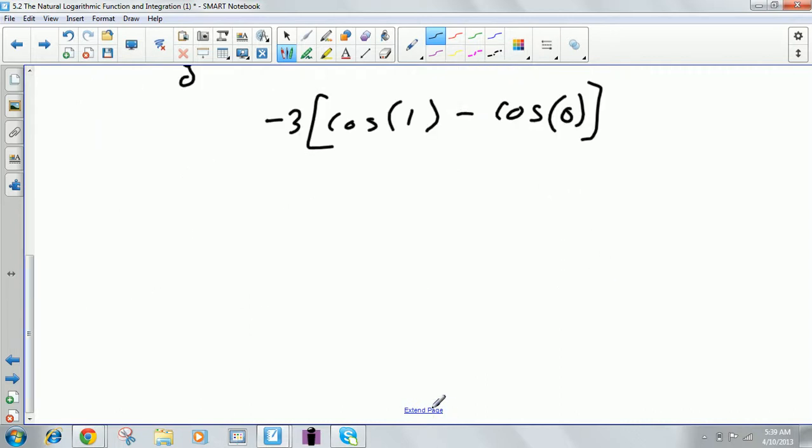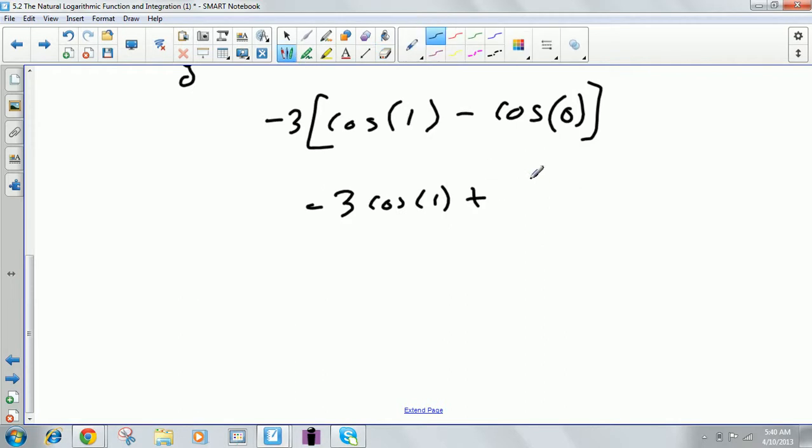And then the last thing you could do is multiply this back in. I don't know what the cosine value of 1 is off the top of my head. You could plug that in the calculator, but oh well. So you'd have negative 3 times the cosine of 1, whatever that is, minus, so cosine of 0 is equal to 1, so that'd be minus a negative 3, but that'd be plus, because negative 3 times a negative is a positive, not 1, but 3.